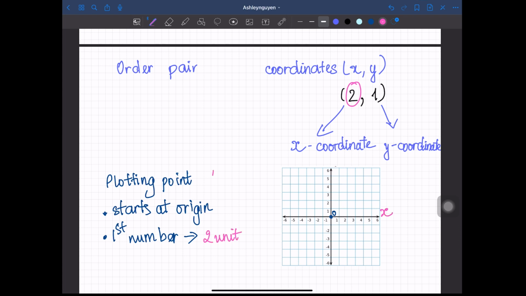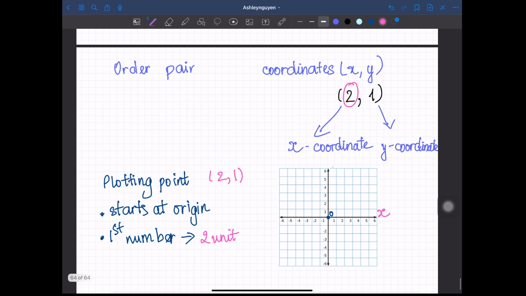Because the point has the coordinate 2, 1, 2 units is positive, meaning you need to move along here, 1 and 2. So this is your x coordinate. And the second number, 1, tells you how many units you need to move up or down the vertical line.